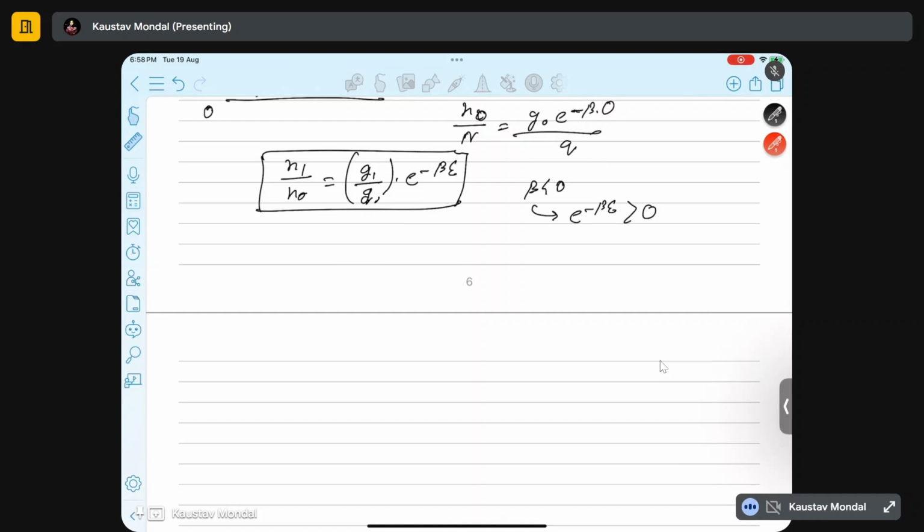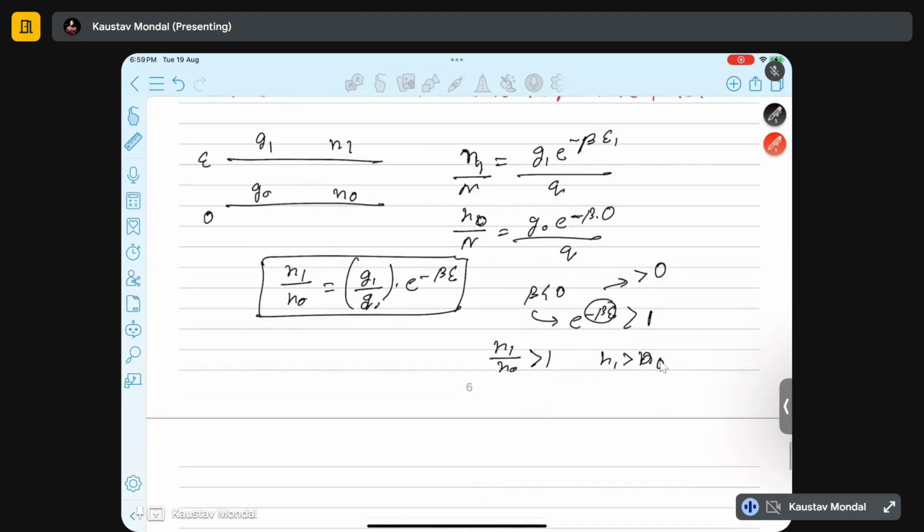Because beta is less than 0, so that means negative, negative, positive. So this whole thing is greater than 0, which makes e to the power minus beta epsilon greater than 1. So that means N1 by N0 would be greater than 1. So that means N1 is greater than N0.